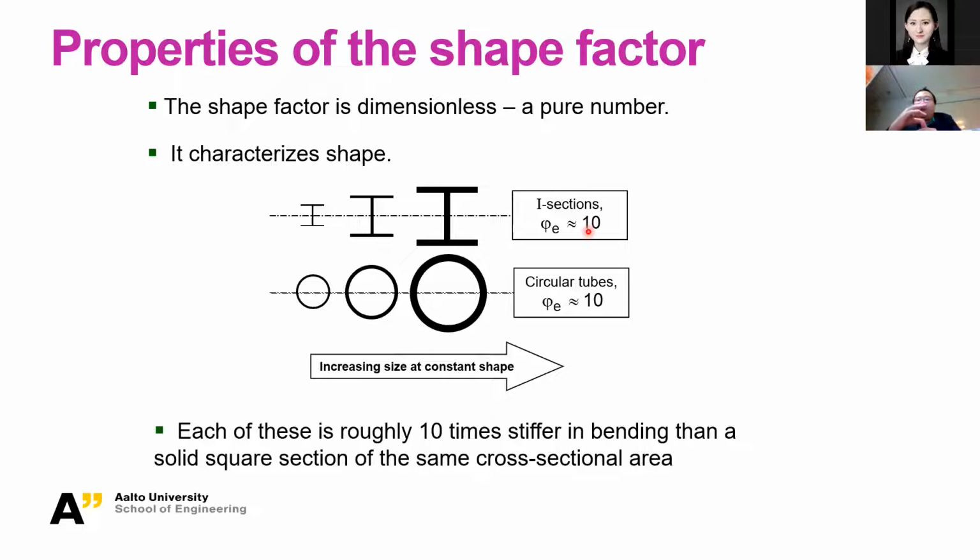If you convert it, when you reach the same amount of bending stiffness, this will save 90% of the mass. Basically, the cross-section area can be converted to mass if you have the same length of the structure. So that is a great optimization of your mass.